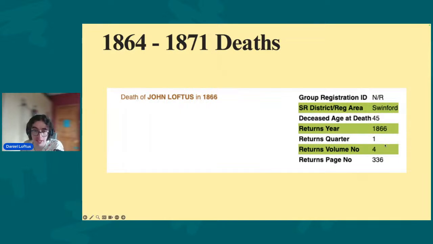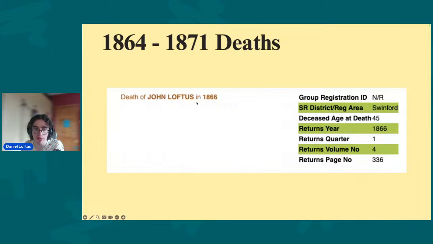Half of this information isn't actually given anymore, because with the new site reconfiguration, you only get the death, the name, the year, but there's no age given. So if you are looking for any of the indexes, I would recommend looking on the other sites that do have them, which are on your handout if you need them.